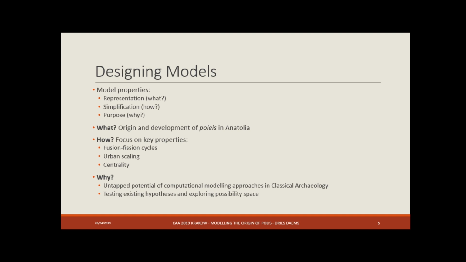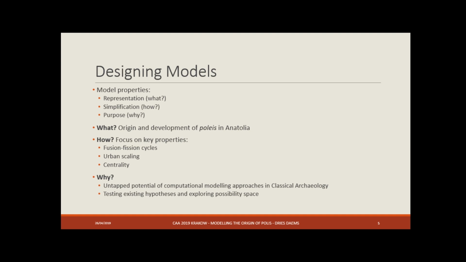You will always have to focus on certain key parameters and mechanisms that you think will give the essence of what it is that you're trying to model. And thirdly, you also need a purpose. You need to identify why you want to model something. So three questions: what, how, and why.